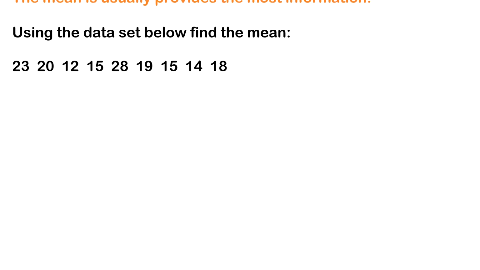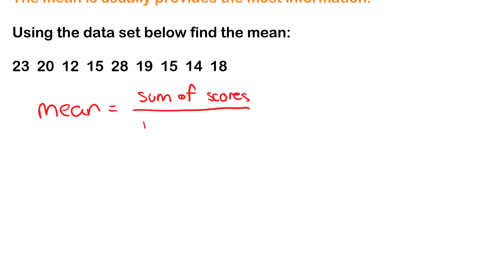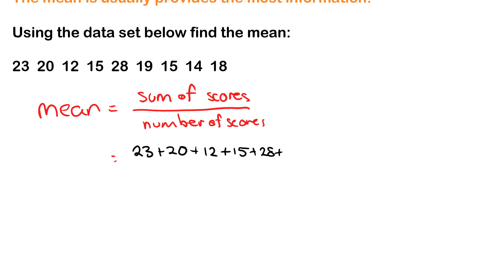So here we have a data set, and we need to find the mean. Remember, the mean is the sum of scores, so adding up all the scores, divided by the number of scores. So for this example, we're going to have 23 plus 20 plus 12 plus 15 plus 28 plus 19 plus 15 plus 14 plus 18.